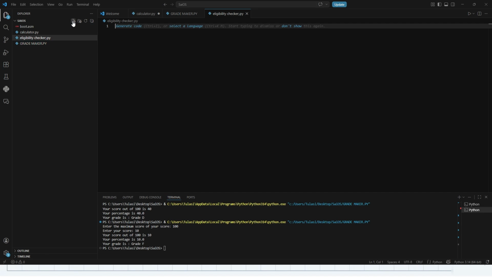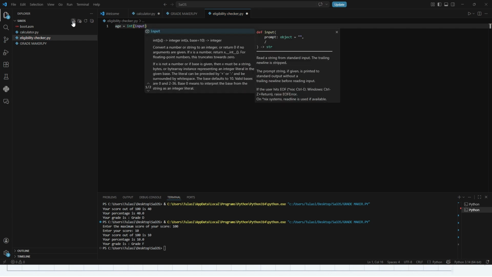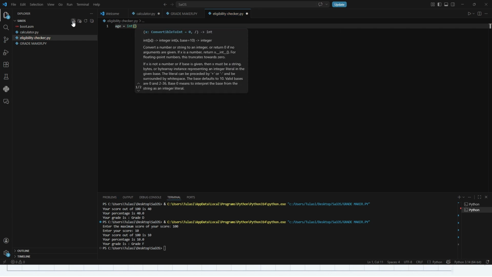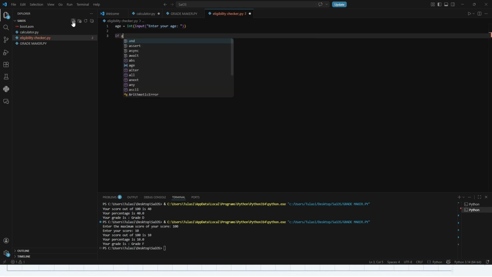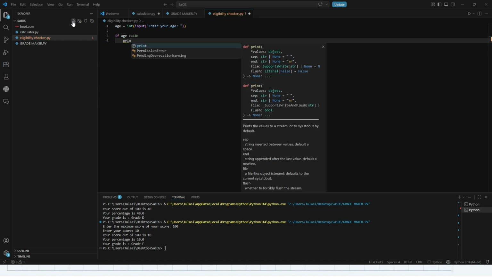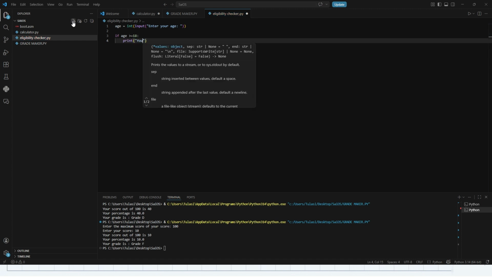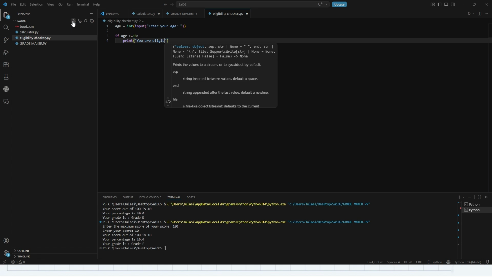So, good. Now first we'll take the age. Now we are checking the age is greater than or equal to 18. Then you can print that you are eligible to vote.